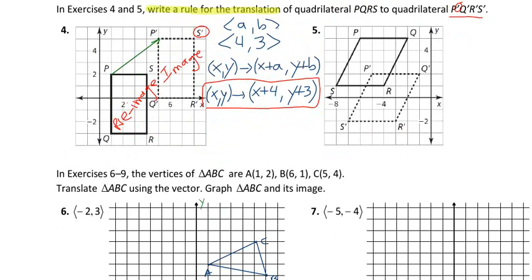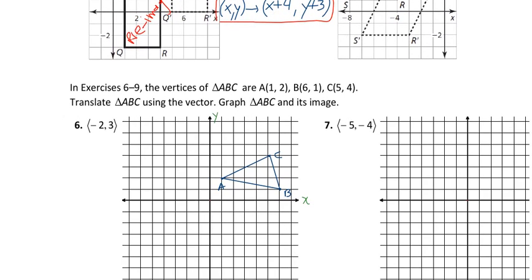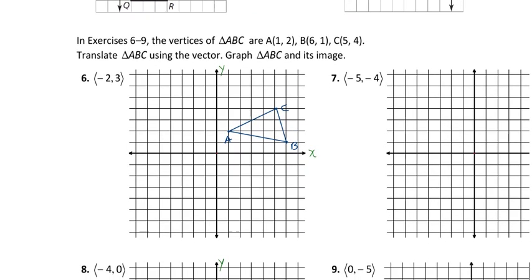So we go to exercises 6 through 9. And it says, in exercises 6 through 9, the vertices of triangle ABC are A(1, 2), B(6, 1), C(5, 4). Translate triangle ABC using the vector.